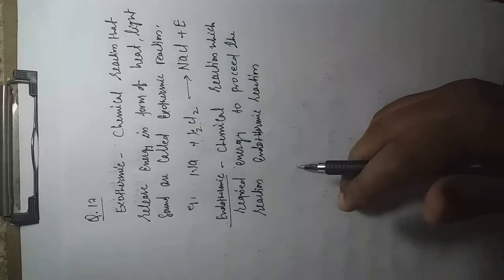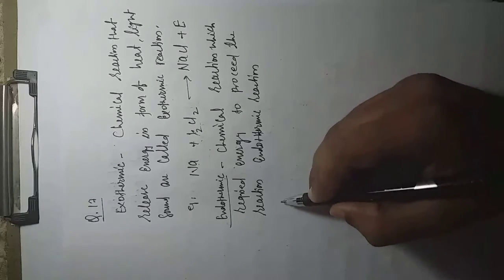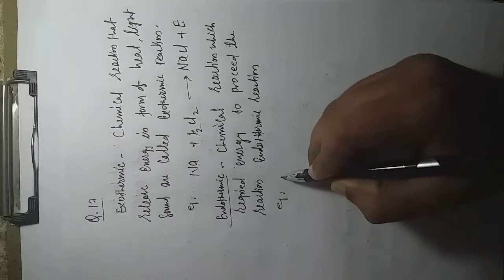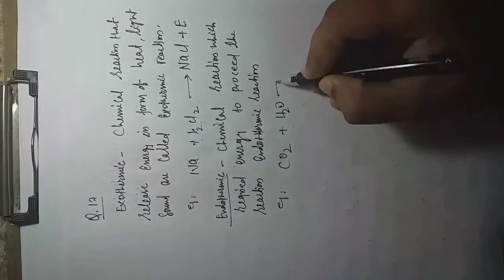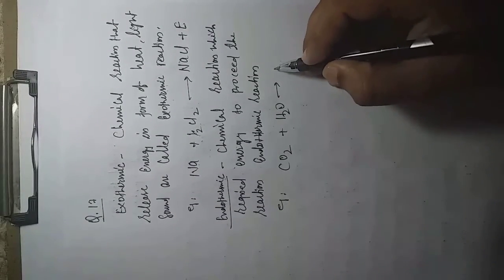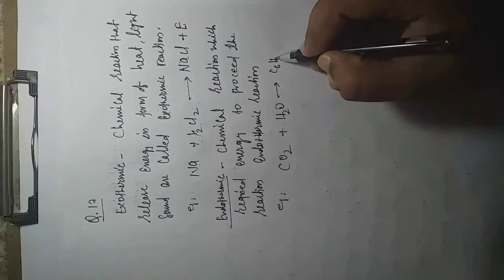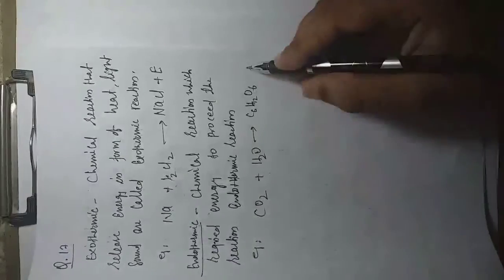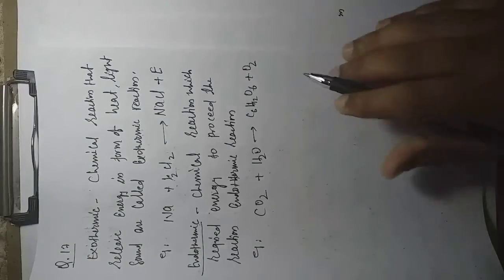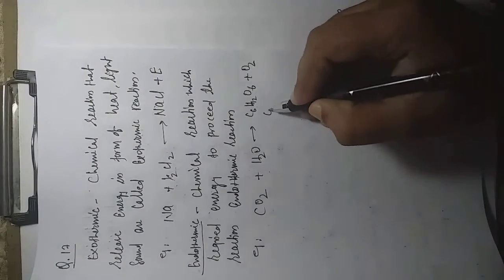Simply, we know the photosynthesis reaction requires water, carbon dioxide and an amount of energy which comes from sunlight, right? So we may write the example: carbon dioxide reacts with water, it will form glucose, C6H12O6. Memorize this formula for glucose, beta. And along with oxygen, this is the photosynthesis reaction.